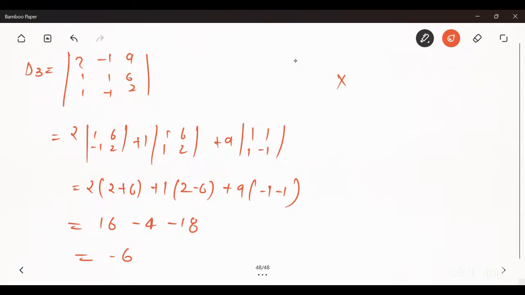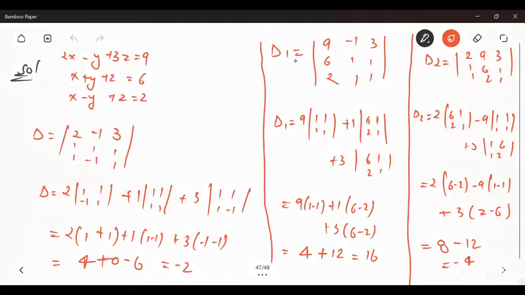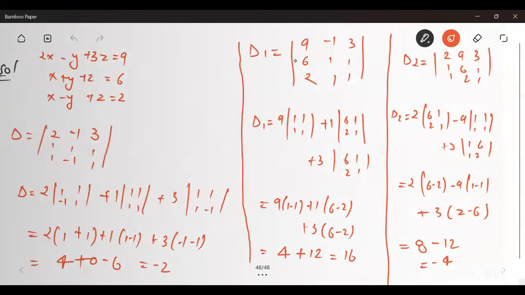Now the value of x is delta 1 by delta, the value of y is delta 2 by delta, and the value of z is delta 3 by delta. So delta is minus 2 and delta 1 is 16. 16 upon minus 2, so you will get minus 8 as the answer.